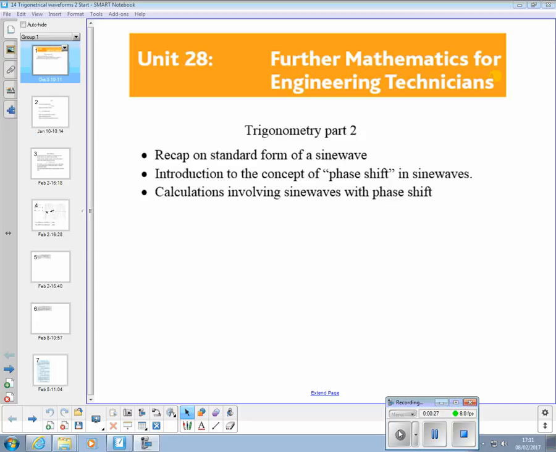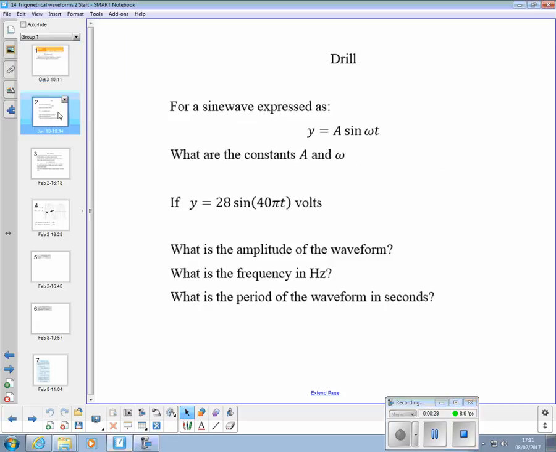Okay, so drill. For a sine wave expressed as y is equal to a sine omega t, what are the constants a and omega? What do they represent? A is what, George?